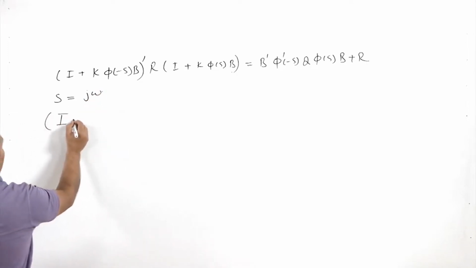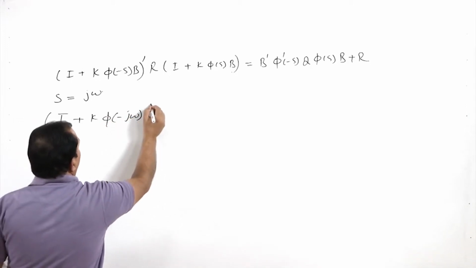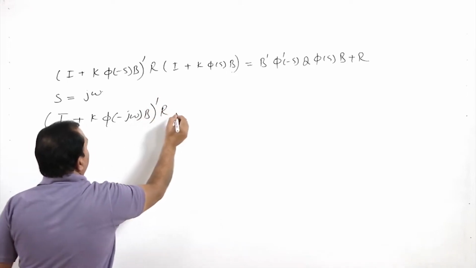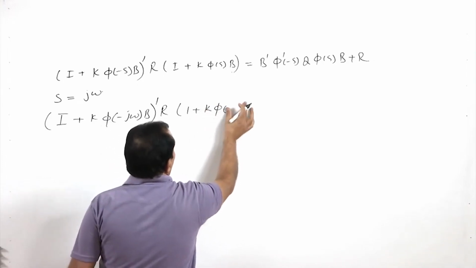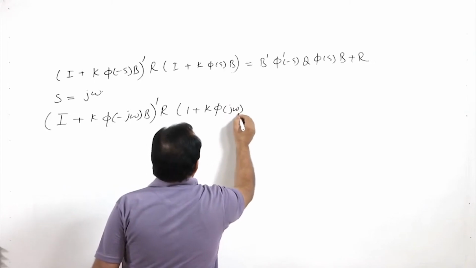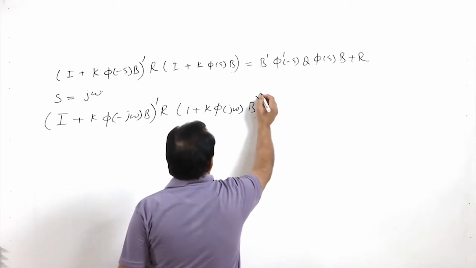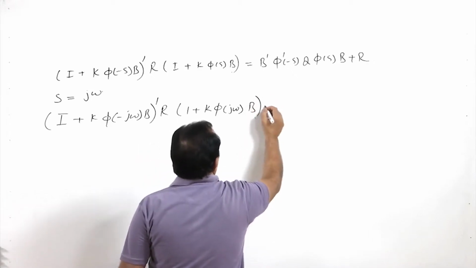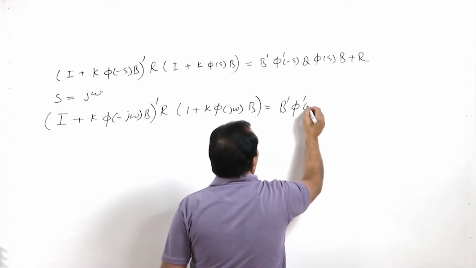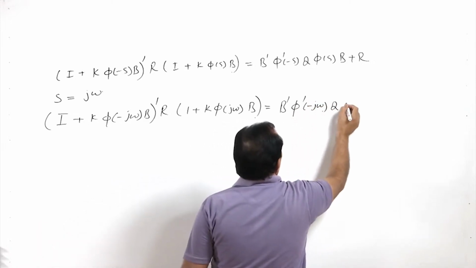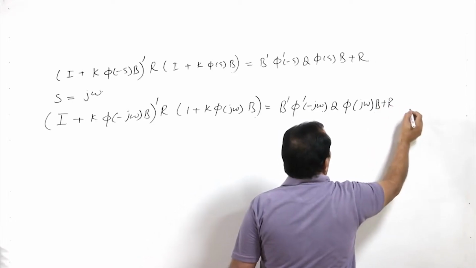So, I can write this equation as (I + K Φ(-jω) B)' R (I + K Φ(jω) B) = B' Φ'(-jω) Q Φ(jω) B + R.